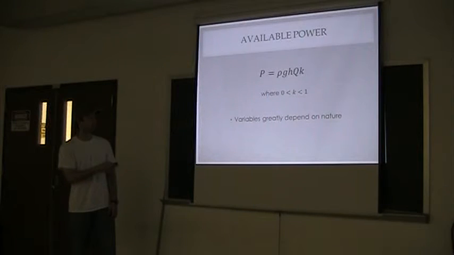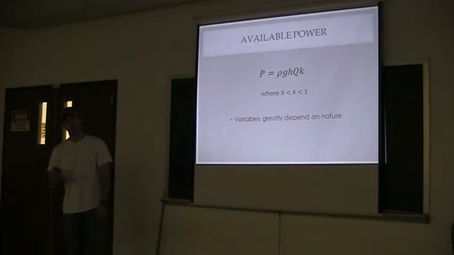But I've noted down here that the variables depend greatly on nature. Your rho is going to stay fairly constant, because with the change in elevations there's not a drastic change in your density. But your height depends greatly on precipitation and the location of those reservoirs.